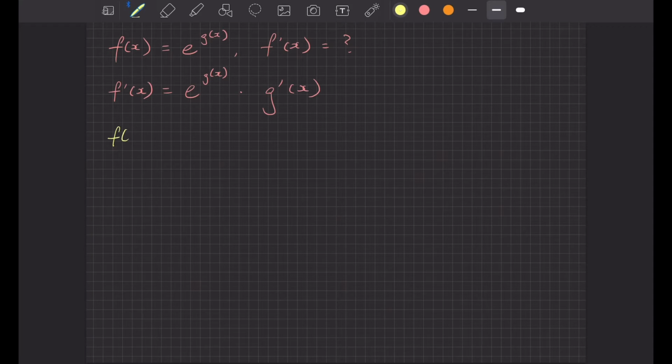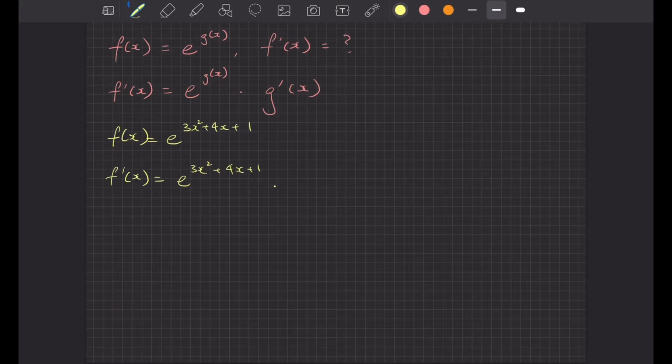When f(x) is equal to e to the power 3x squared plus 4x plus 1, f'(x) is equal to, first of all, we copy that, e to the power 3x squared plus 4x plus 1.